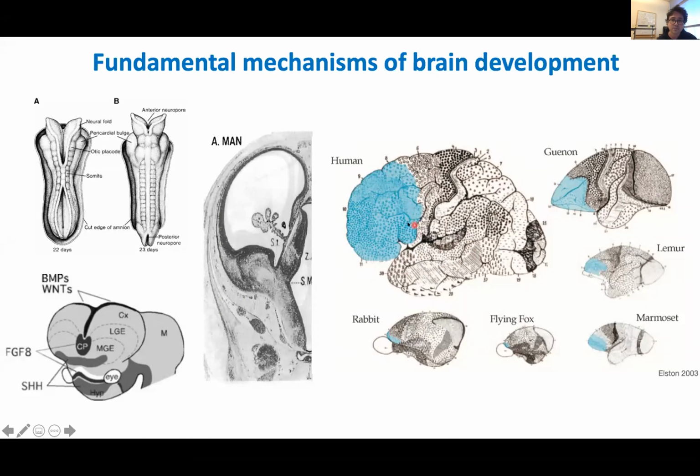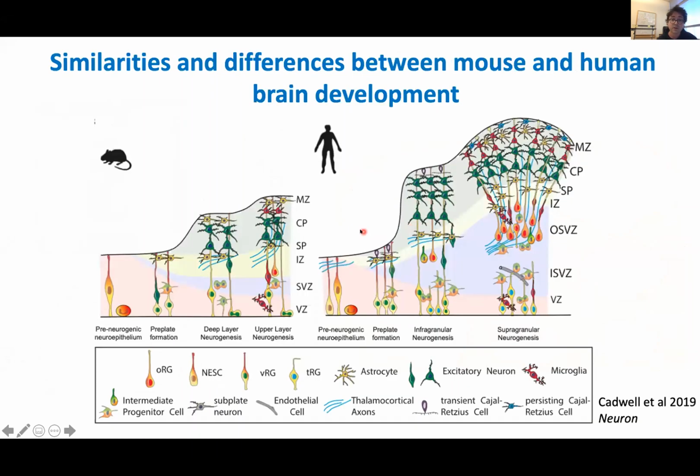There are also a number of differences in neurodevelopmental events that have been recognized through studies using comparative approaches, including lineage tracing, histology, and marker gene expression analysis. And this schematic summarizes a global view of some of the major differences between mouse cortical development and human cortical development.